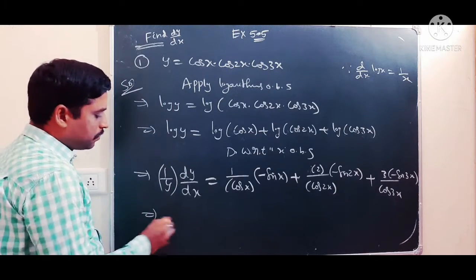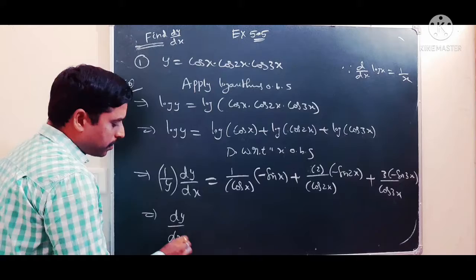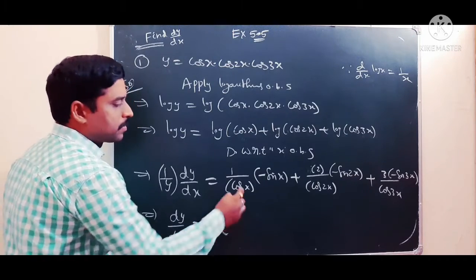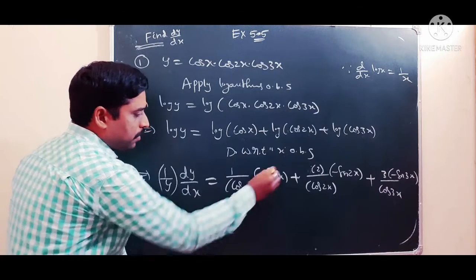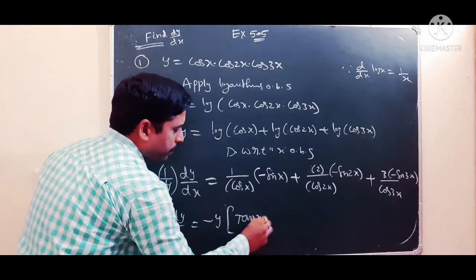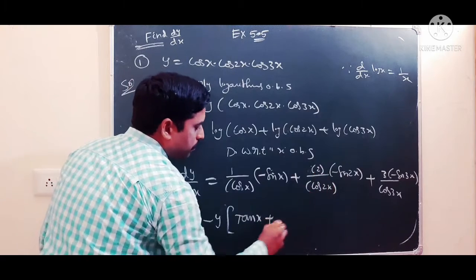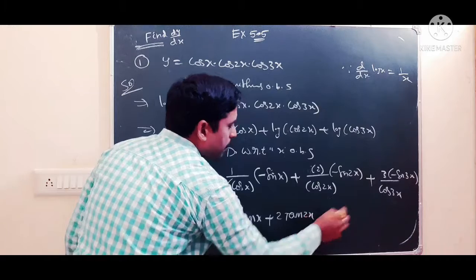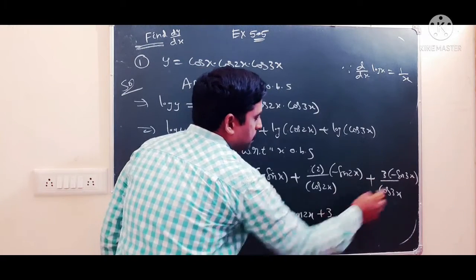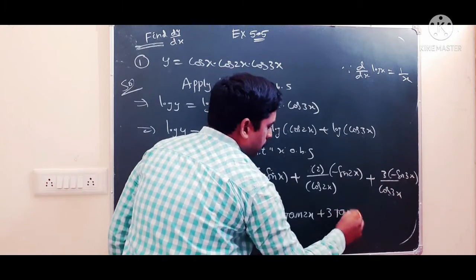Okay, so let us do cross multiplication. dy by dx is equal to y times of, in this, take minus 1 common. So minus y times of, this is tan x, this is 2 times sin 2x by cos 2x, which is 2 tan 2x, and this is 3 times sin 3x by cos 3x, which is 3 tan 3x.